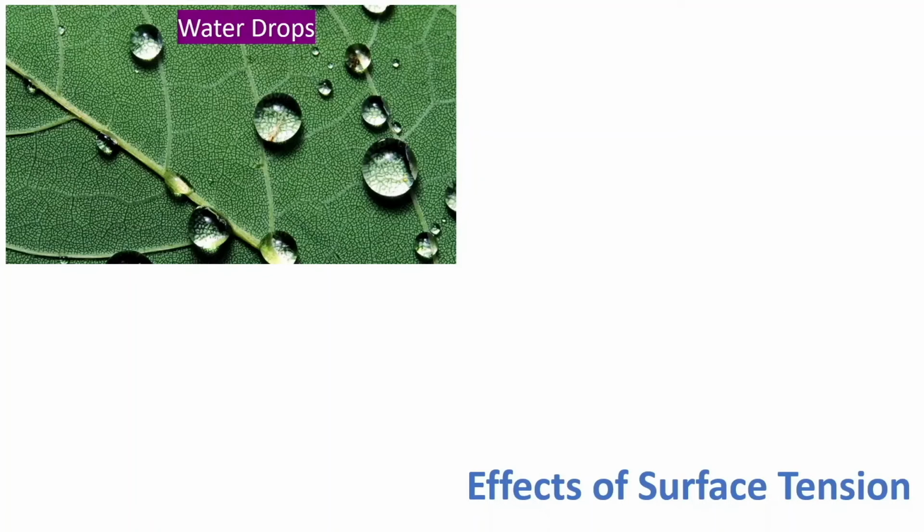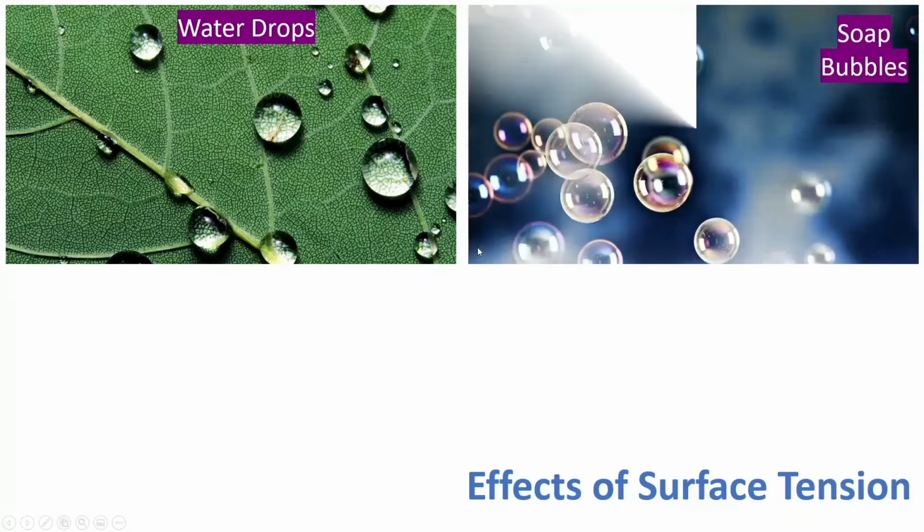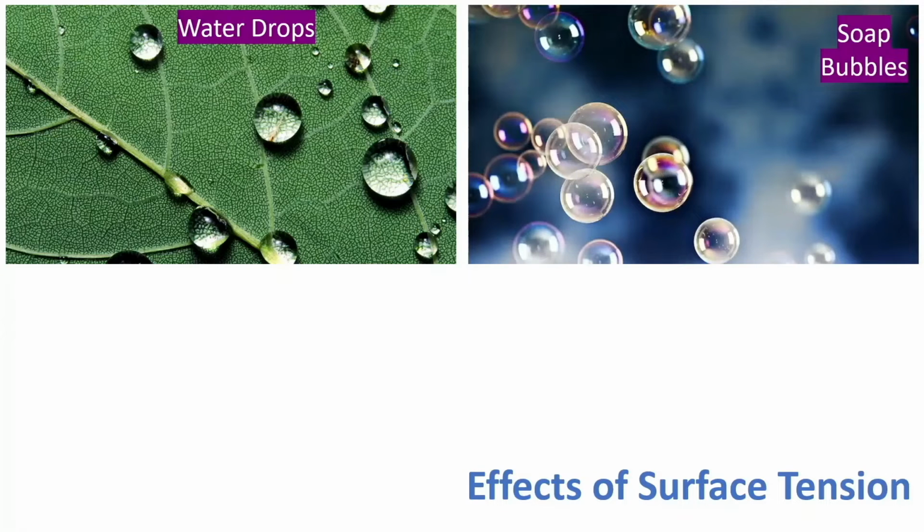In the rainy season, you would have seen that water droplets on the leaves appear as spherical droplets. Also, you would have played with soap bubbles, where you have a circular frame or triangular frame which you put in the solution and you blow air and spherical bubbles are formed.